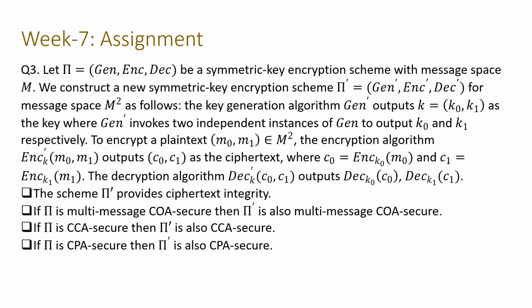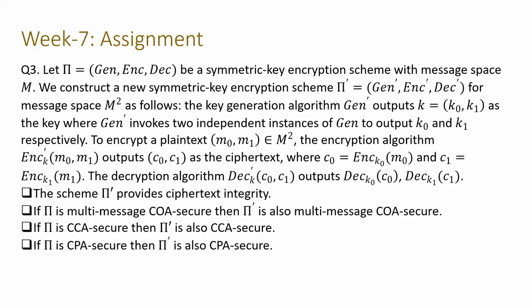The key generation algorithm Gen dash outputs K, which is a combination of K0 and K1, where Gen dash invokes two independent instances of Gen to output K0 and K1 respectively. And encryption happens on message M0, M1 such that Enc dash of M0, M1 with respect to key K outputs C0, C1 as the ciphertext, where C0 is Enc of M0 with respect to key K0 and C1 is Enc of M1 with respect to key K1. The decryption algorithm also decrypts accordingly.